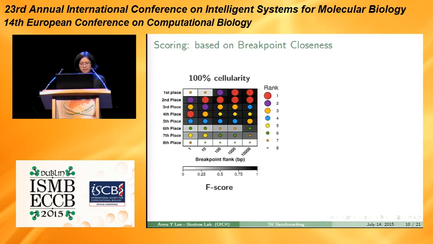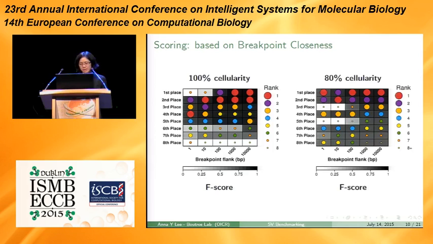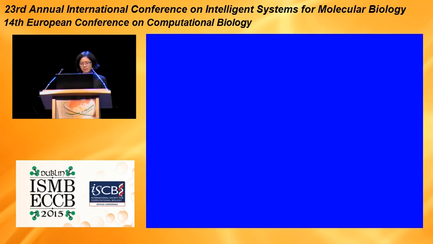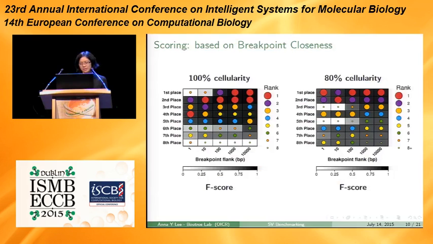However, we also note that the rankings do change a bit as you go from different flanking thresholds. And when we look at the second tumor, we see some similar results where when we increase the flank amount, then the F-scores tend to increase as well. And the rankings can change somewhat when you change the flanking threshold.